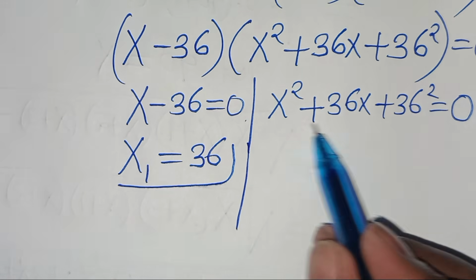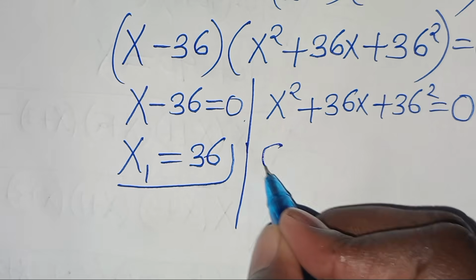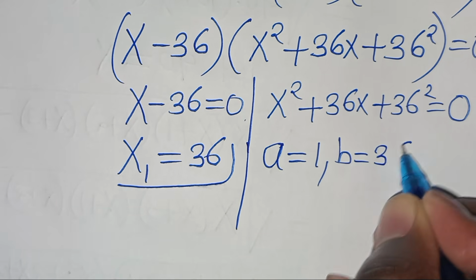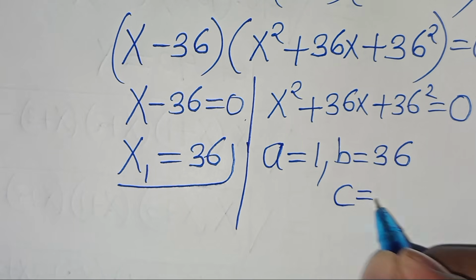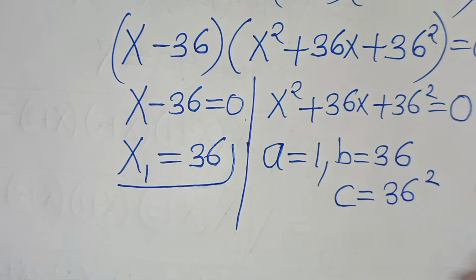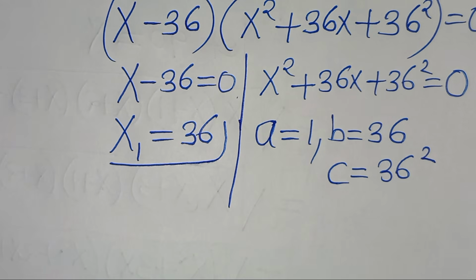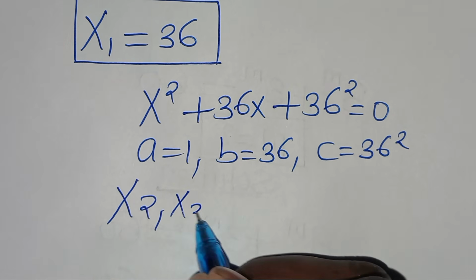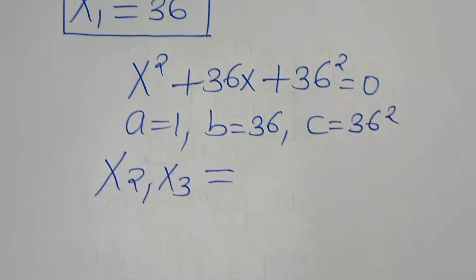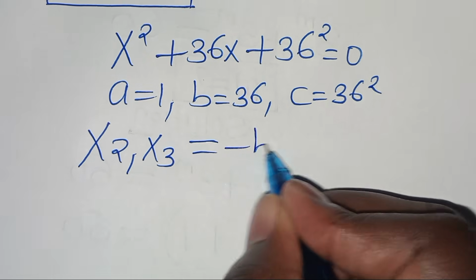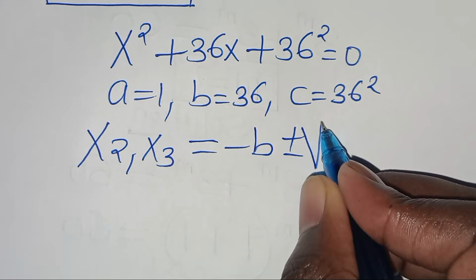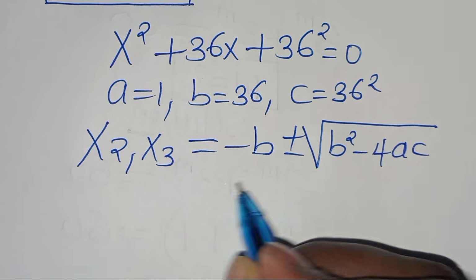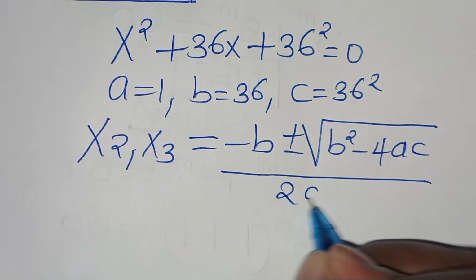The second part here is a quadratic equation where we have a is equal to 1, b is equal to 36, and c is equal to 36 raised to the power of 2. Now here too, for x2, x3, we apply the quadratic formula, which is minus b plus or minus the square root of b squared minus 4ac, everything divided by 2 times a.